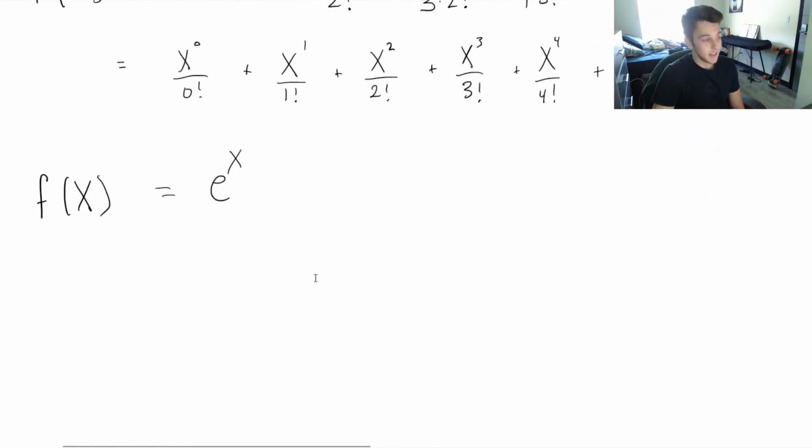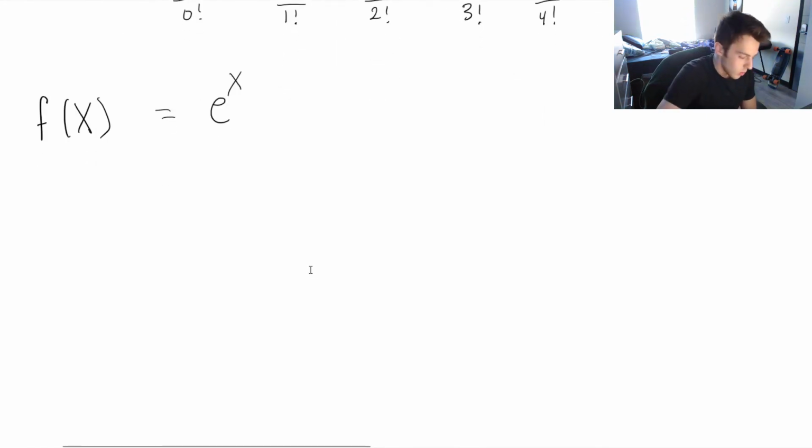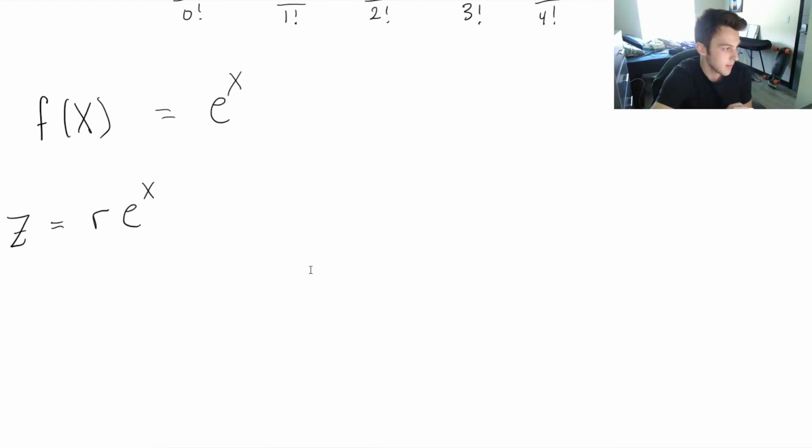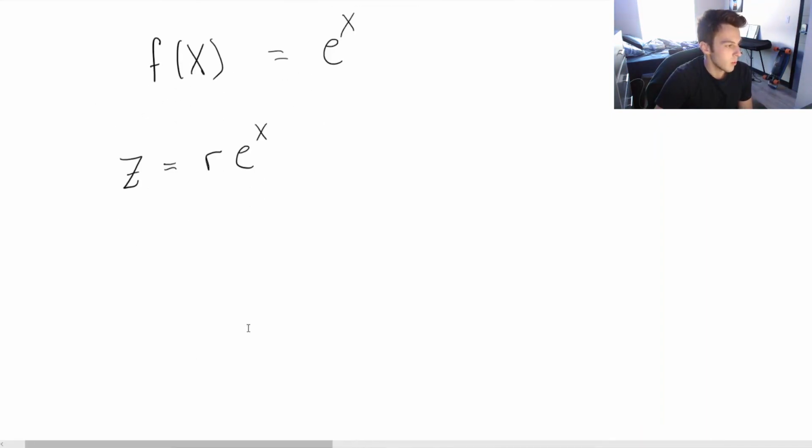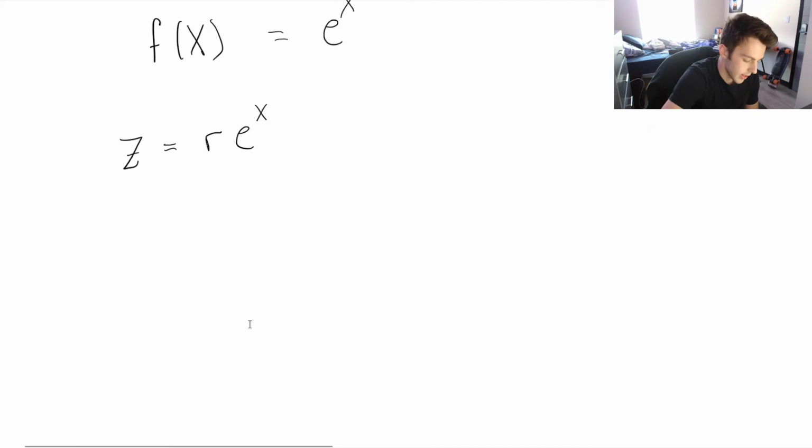Now that's crazy. And so putting this back in terms of z, we have r times e to the capital X, and we know that we made that one substitution, that we said that capital X is equal to j times lowercase x.